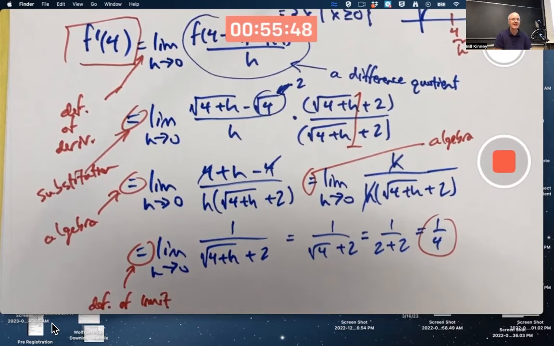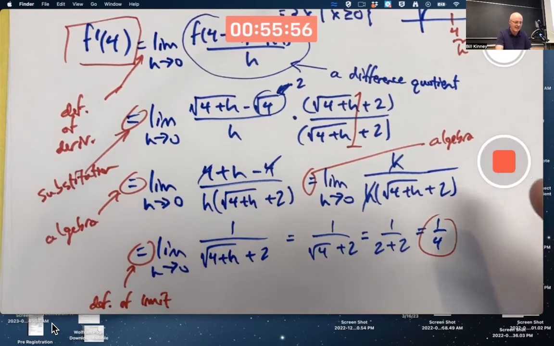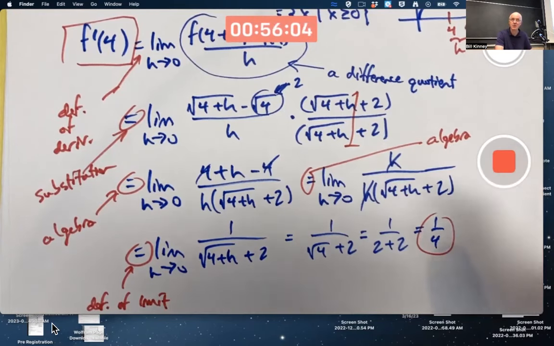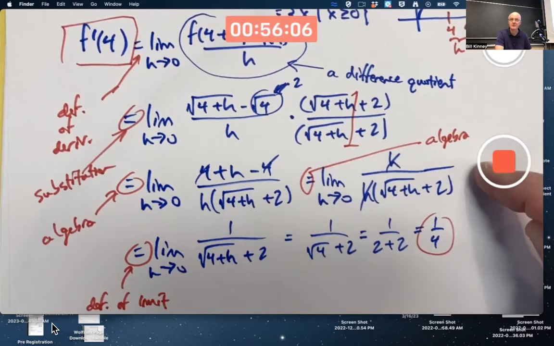But it's really the fact that in that definition, I had the 0 is less than the absolute value of x minus c. I allowed x to not equal c. Yeah, this function is not defined at h equals 0. There's a removable discontinuity for this function at h equals 0 as a function of h.